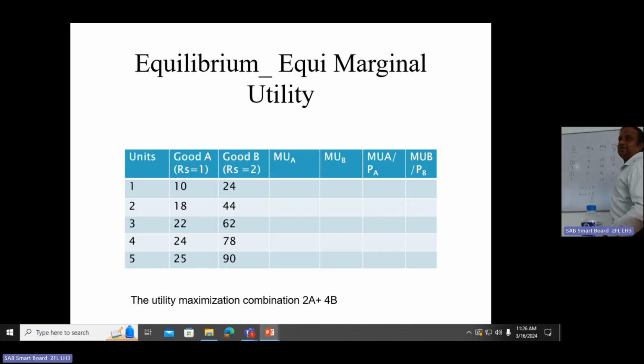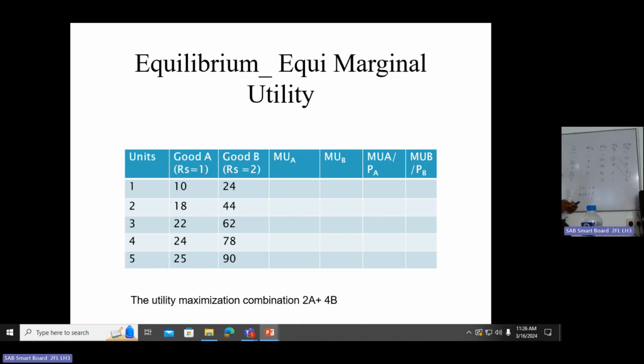When you get several, you need to assess which one is preferable based on the second condition, because total expenditure should equal total income. So what is the equilibrium point? We consume 2 units of product A and 4 units of product B.